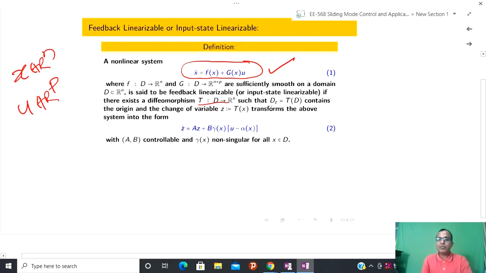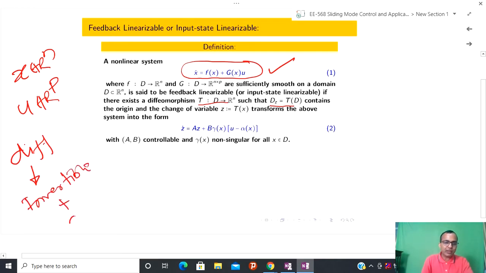Suppose I can define some kind of transformation z equal to T of x. If T is invertible and differentiable also, then that kind of transformation is called a diffeomorphism. So the meaning of diffeomorphism is something invertible plus differentiable also.